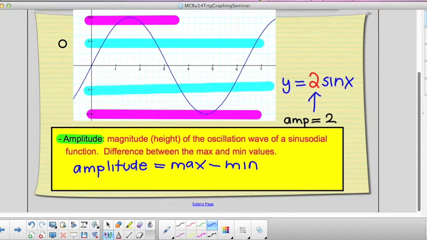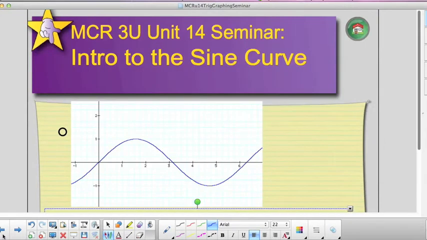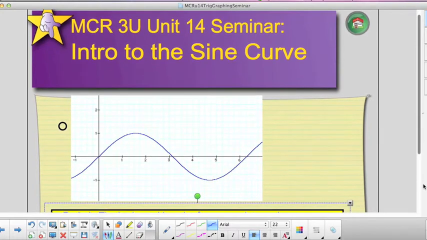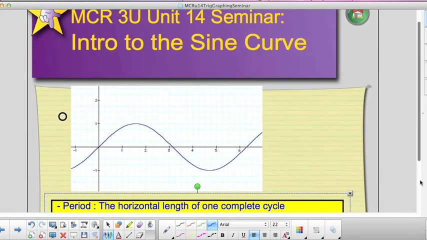Something else you have to figure out when you're doing your equation is something called your period. So the definition of the period is how long it takes to complete one full cycle. For this particular graph, it's also a sine function.